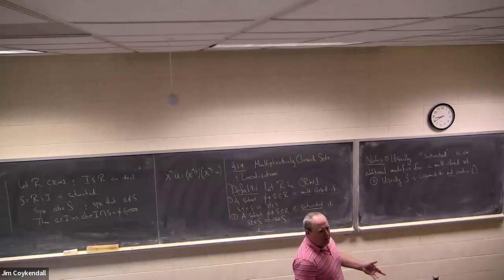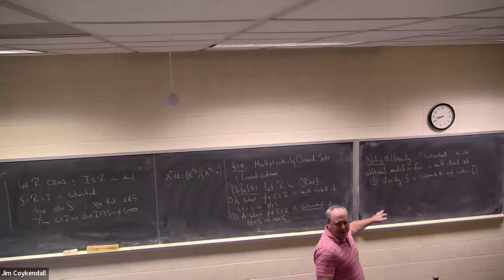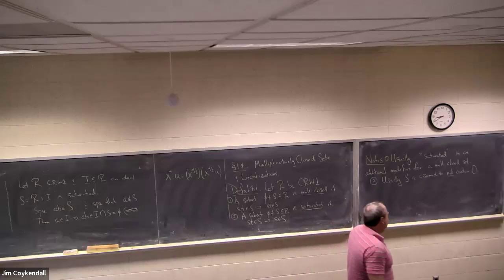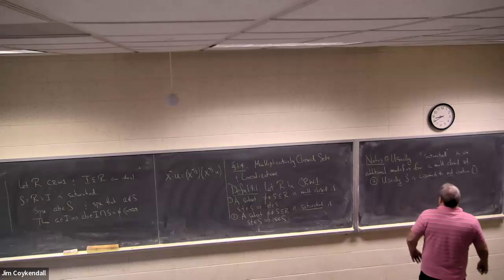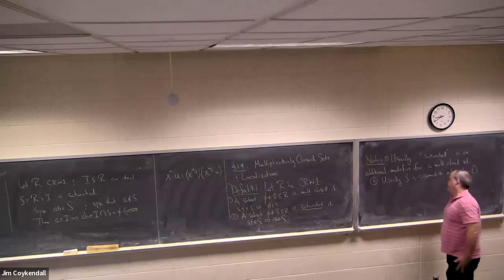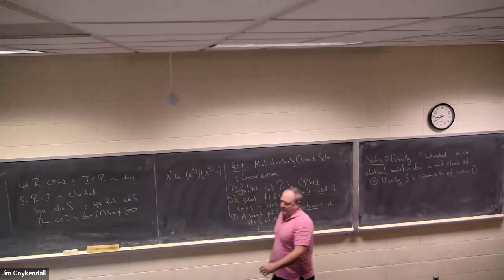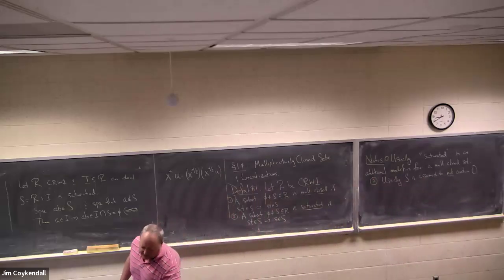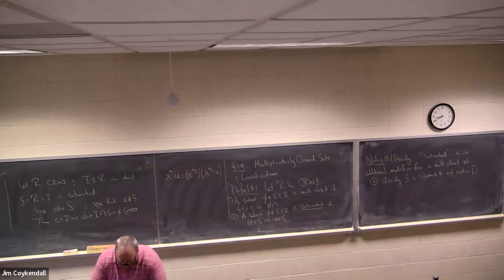You don't, but I'll show you when we start talking about localizations what happens if your multiplicatively closed set contains 0. Everything's correct, but it just turns into uselessness. So oftentimes you will see it written, let S be a multiplicatively closed set that does not contain 0, et cetera.